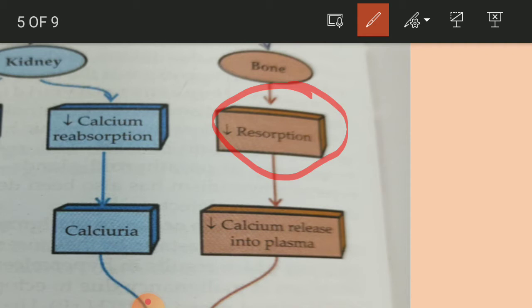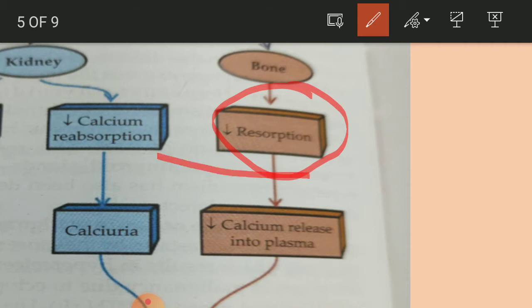So the osteoclasts which are already activated lose their activation, and the ones which are not yet activated cannot further get activated to cause bone resorption. So ultimately the osteoclastic bone resorption gets hugely reduced by the action of calcitonin. That means calcitonin, by acting on bone osteoclast, reduces bone resorption, and thereby reduces calcium release from the bone into the plasma, and it is one of the major ways by which it reduces blood calcium level.